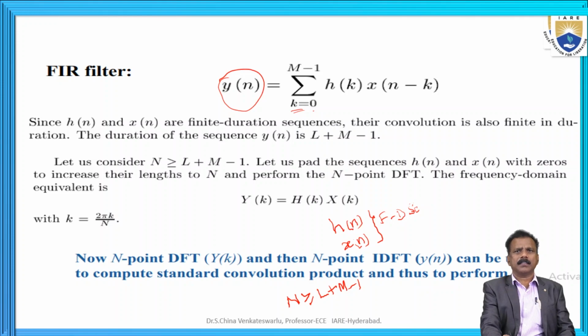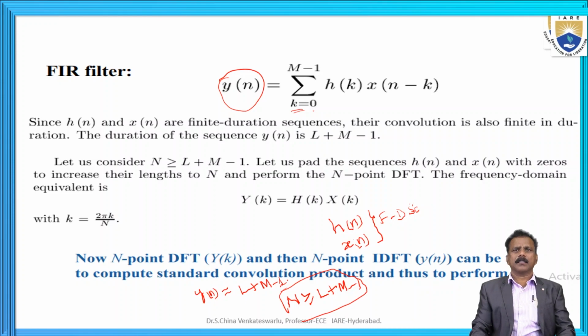Already we know that the duration of the sequence y of n for the FIR filter, with reference to that equation, is capital L plus M minus 1. Normally, in initial cases, let us consider capital N greater than or equal to L plus M minus 1.